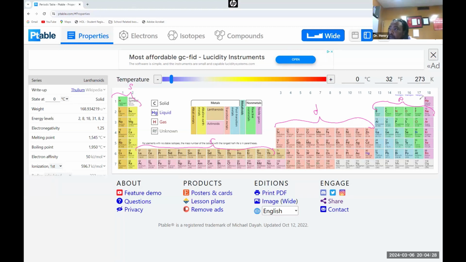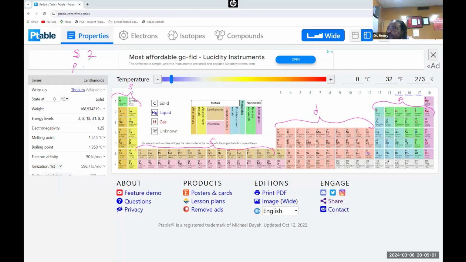Now, I'm going to write this up here. So the S, how many columns are in the S part? 2. So the S can hold 2 electrons. The P, how many electrons can it hold?